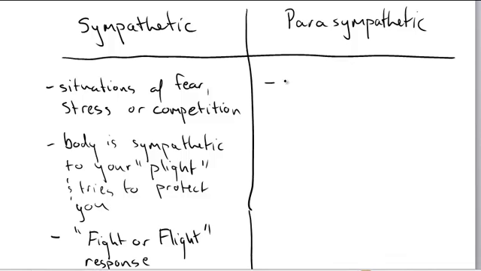Okay? The other side of the system is called your parasympathetic system. This is the part that maintains homeostasis. It's the part that basically is operating most of the time, or returns us to homeostasis after a sympathetic situation.